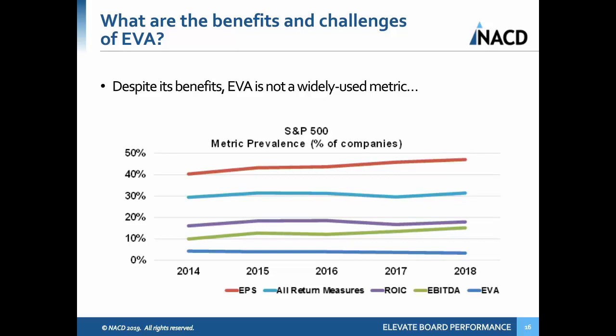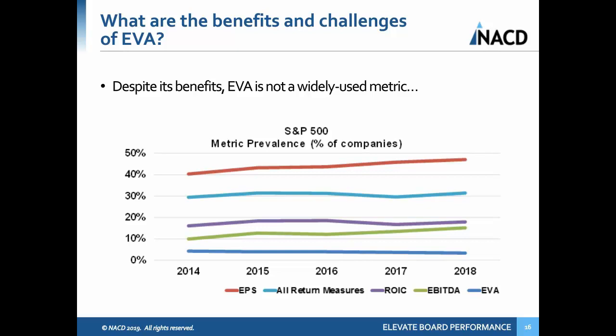And you can see how the prevalence of EVA there at the bottom of the chart compares against some of the other common performance metrics that we've seen, whether it's EBITDA, ROIC, the bucket that I call all return measures.